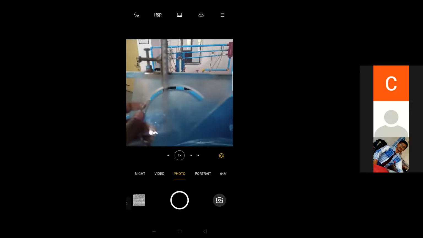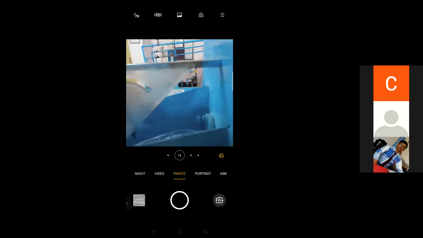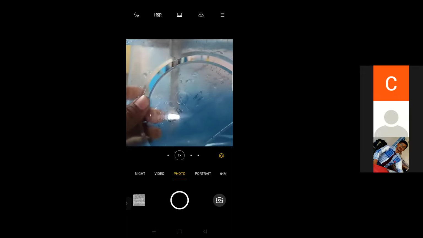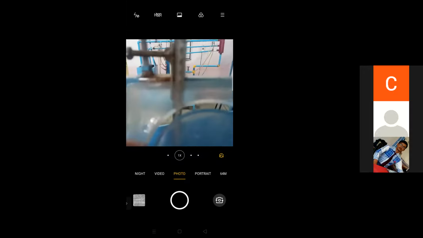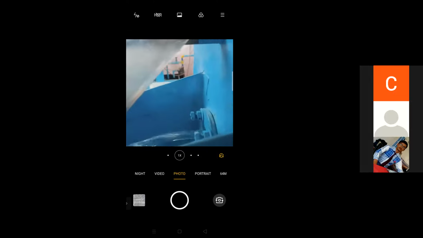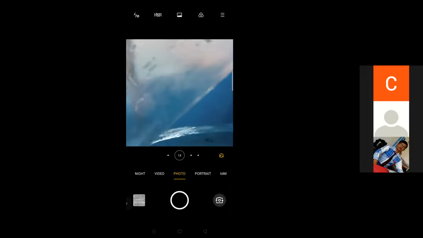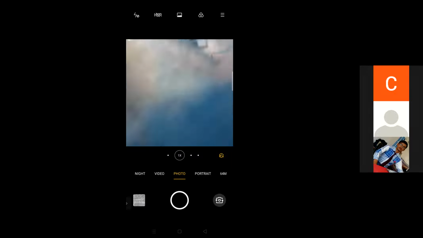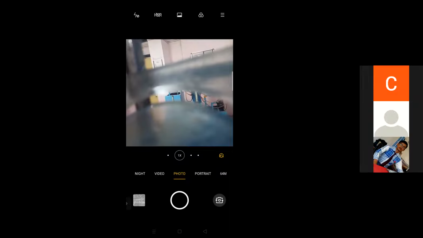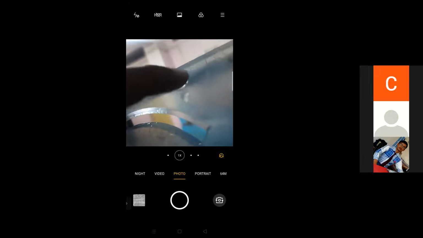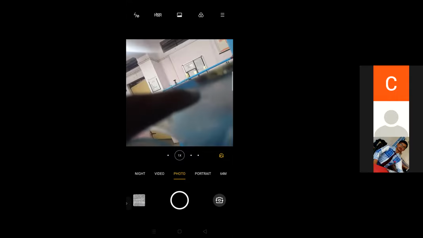So here you can measure this value. 4, 5, 6, 7, 8, 9, 10, 11, 12, 13. 1, 2, 3, 4, 5, 6, 7, 8, 9, 10, 11, 12, 13, 14, 15, 16.